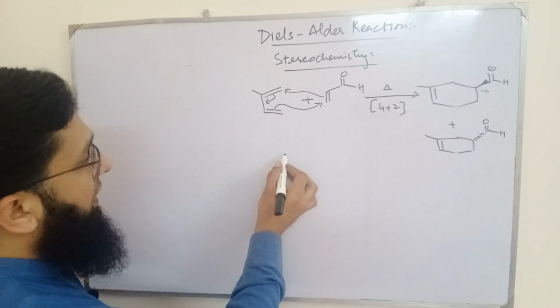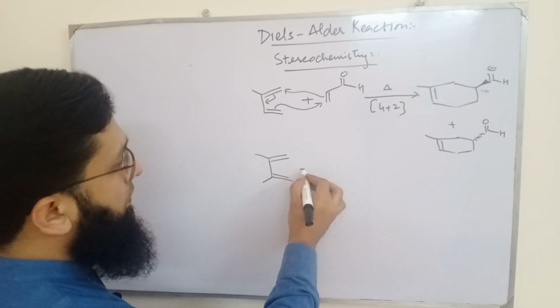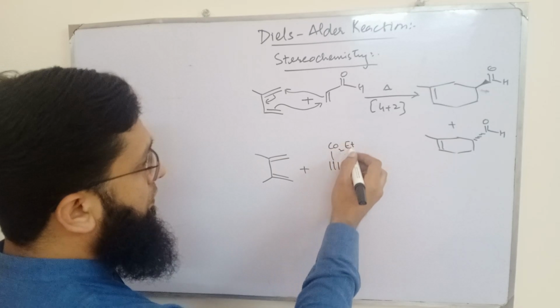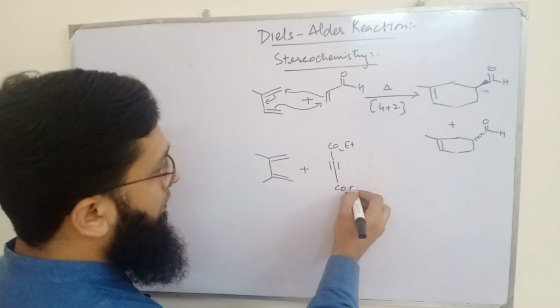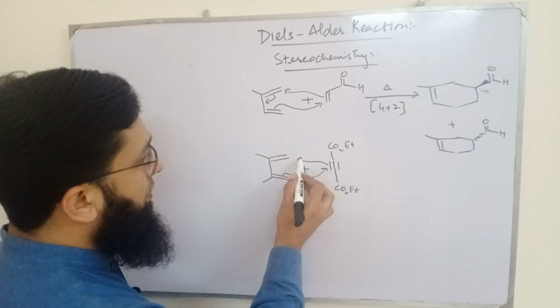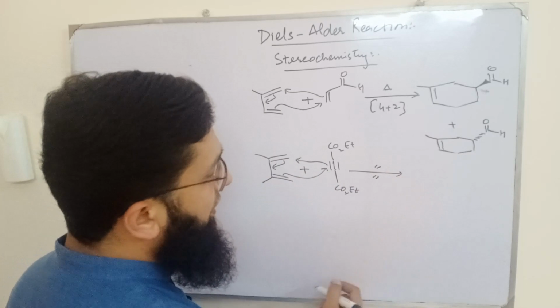And for example, we have this molecule, again a cycloaddition 4+2 reaction would take place under similar conditions.